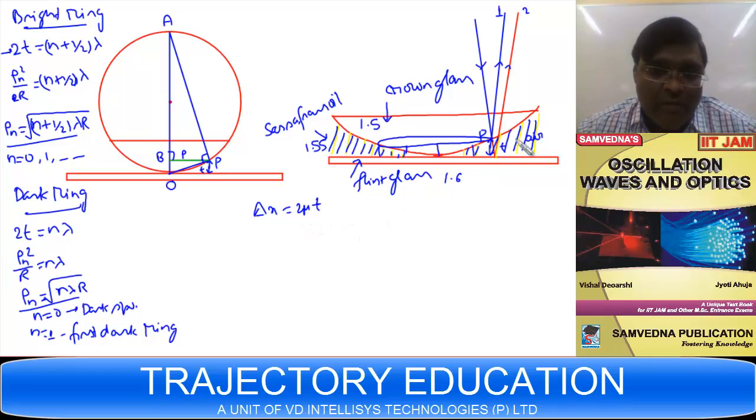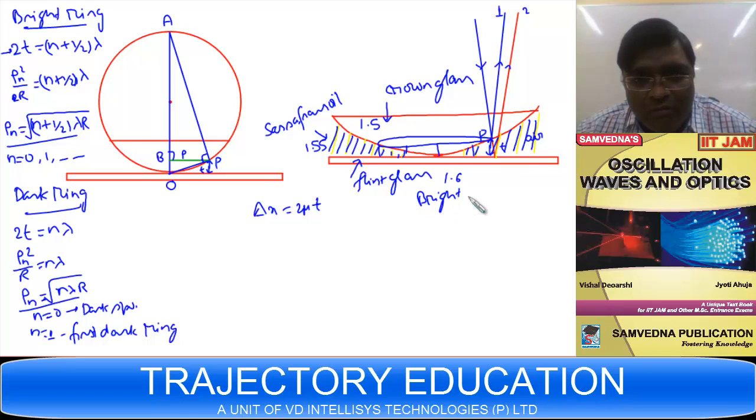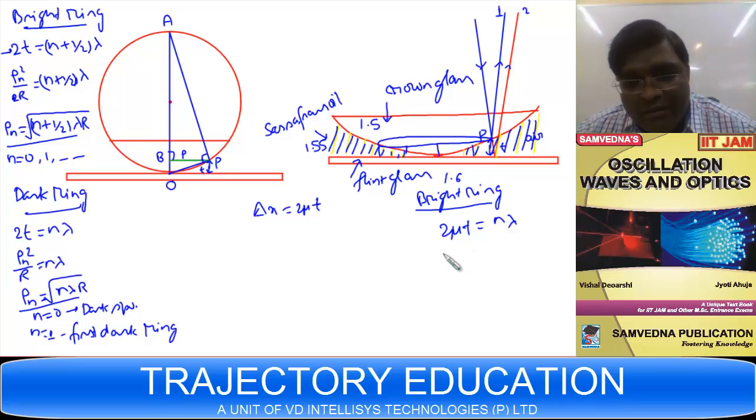We have to multiply by mu because now this is filled with sassafras oil, which has a refractive index of 1.55. So for the bright ring, or for maxima, the condition will become 2 mu t equal to n lambda, and 2t is rho n square by r, that is n lambda upon mu.